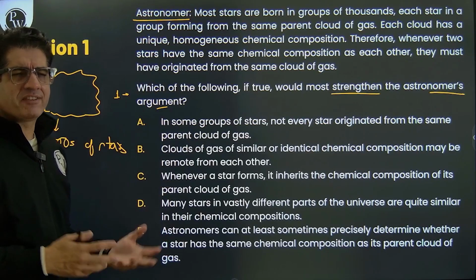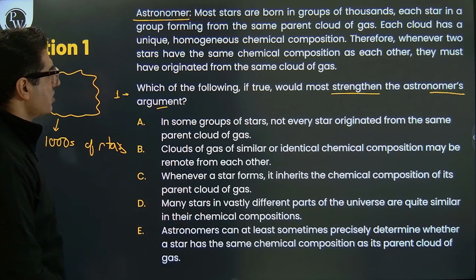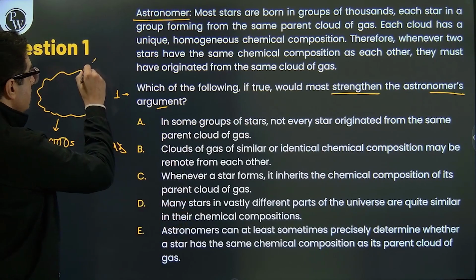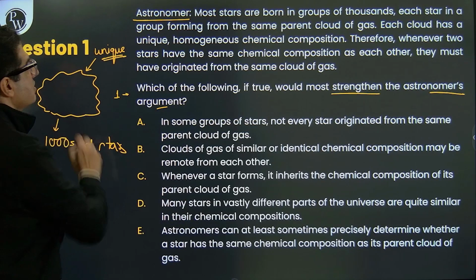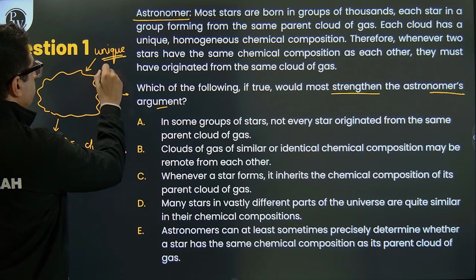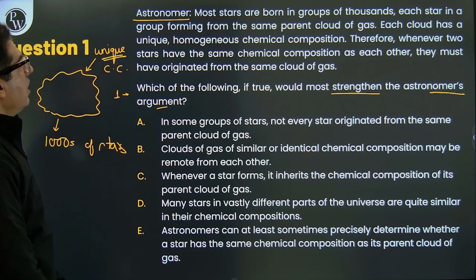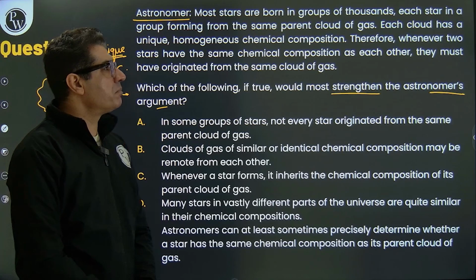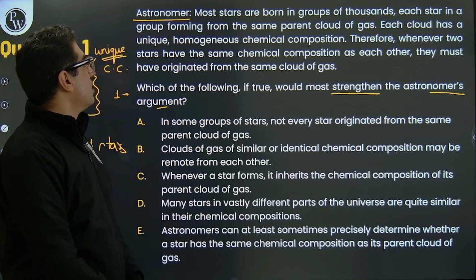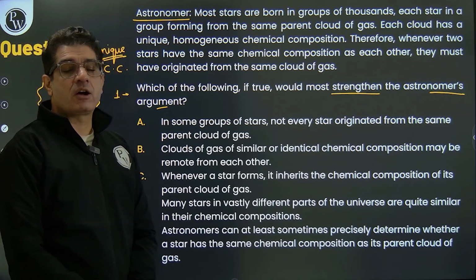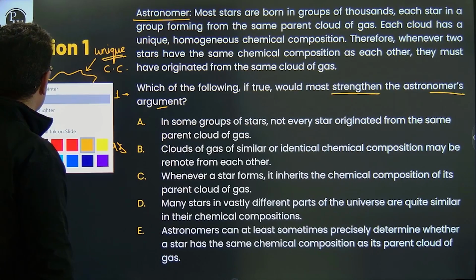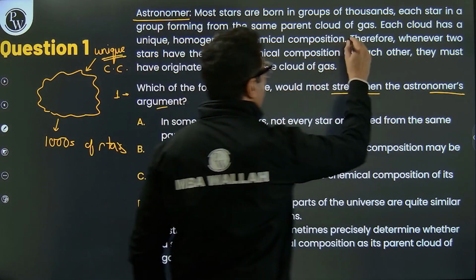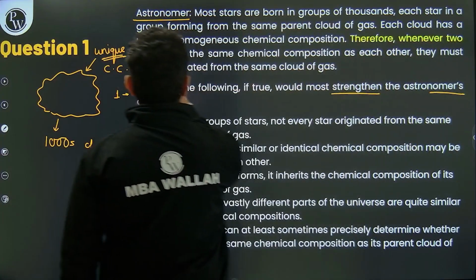Every gas obviously will have some sort of chemical composition. So, what we know is that this particular cloud happens to have a unique chemical composition. Therefore, whenever two stars have the same chemical composition as each other, they must have originated from the same cloud of gas. Okay, so now that we've read it, here is our conclusion.